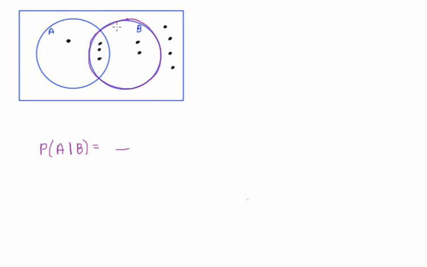So given that I'm in B, how many things are in B? 5. So what's the probability that I'm in A given that circle? I'm just looking inside the B circle. What's the probability that you're in A? Well, these 3 are in A. So that's 3/5, or 0.6, or 60%.